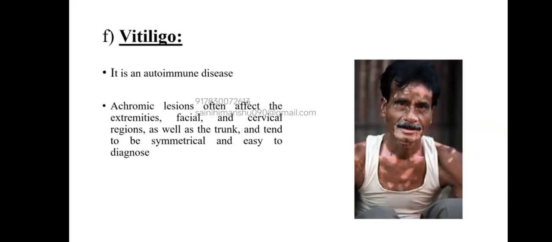We suspected why that was not vitiligo, and exactly this is the reason we had not considered that case as vitiligo. The site is very characteristic, and the lesions often affect the extremities, face, and cervical region, as well as the trunk. In the majority of the cases, the lesions are symmetrical and quite easy to diagnose.